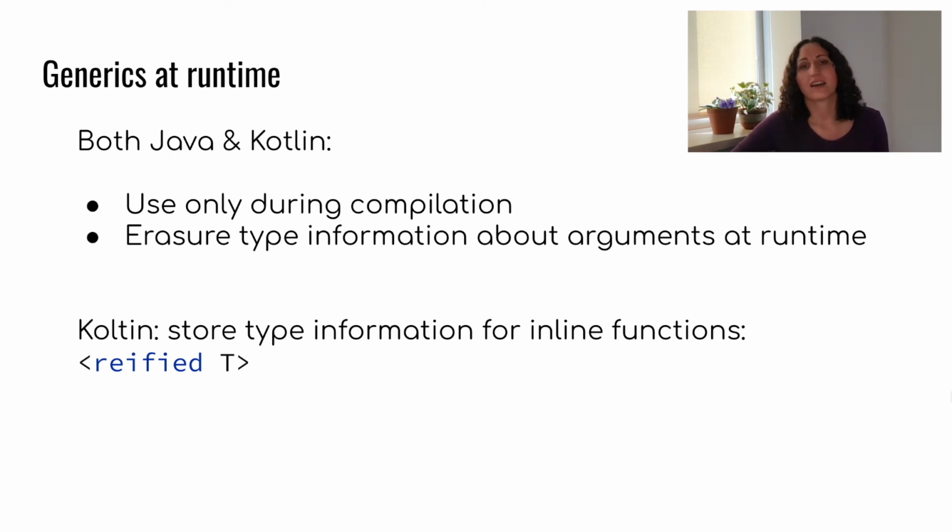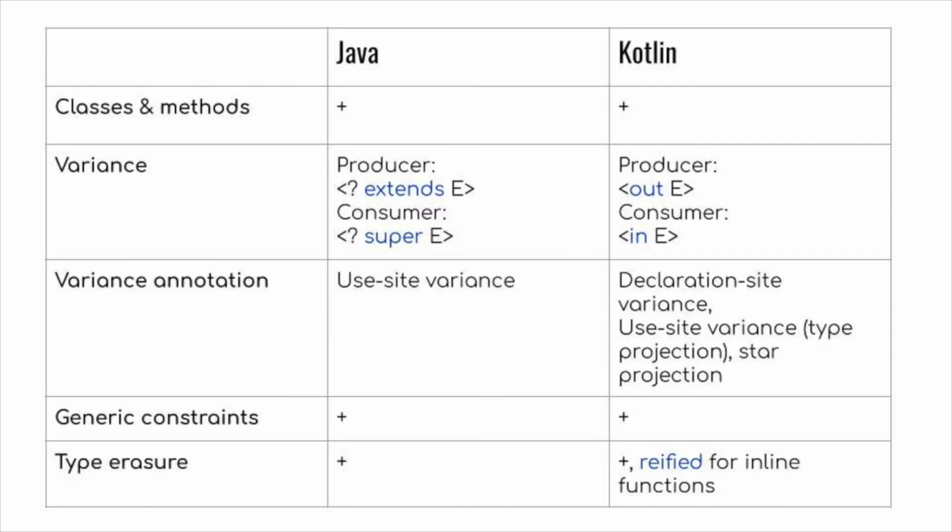And after that, the Kotlin compiler will store type information in this case. So I think these were the most important things about generics in Java and Kotlin.